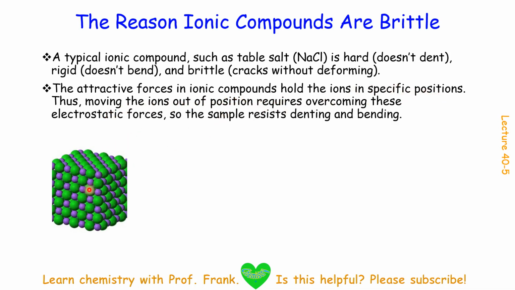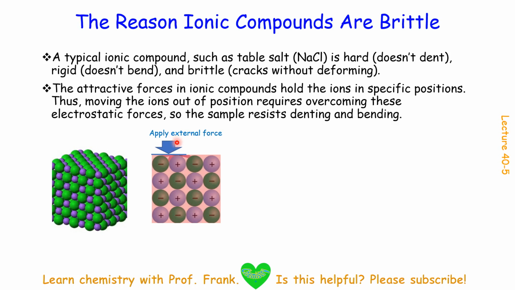As you can see here, the cations are in purple and the anions are in green. The arrangement of those cations and anions is very specific. Because of that, moving the ions out of position requires overcoming those electrostatic forces. That's why the sample resists denting and bending, as well as why it is brittle.